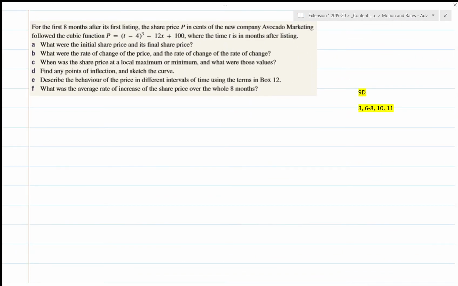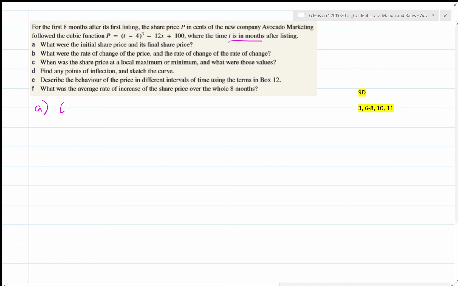So let's try working through this example. Here's some work to do later. Avocado manufacturing, so very modern here with all the millennials and their avocado eating problems. Price, and time is in months.